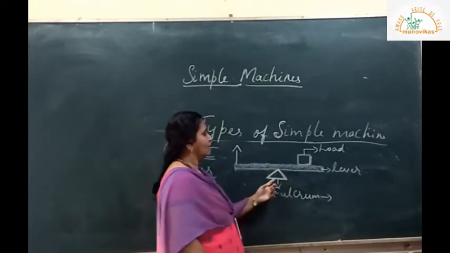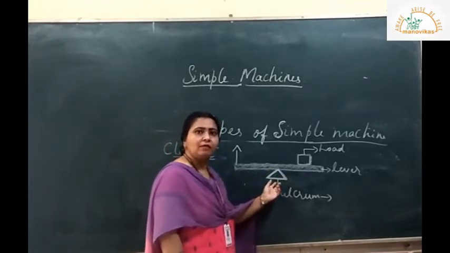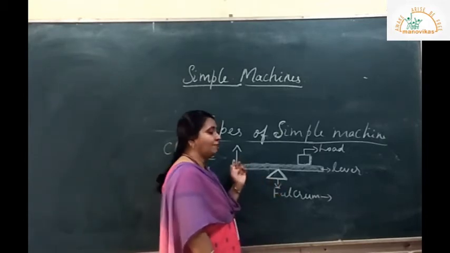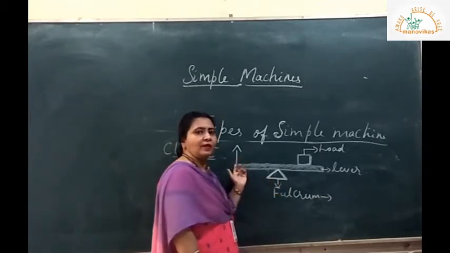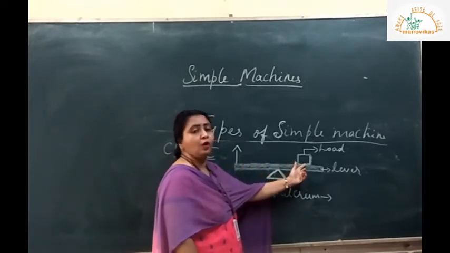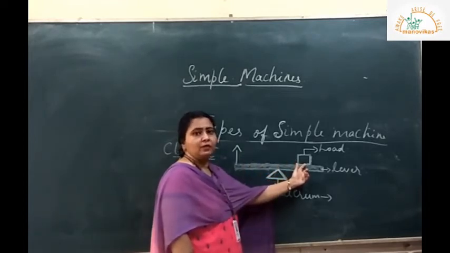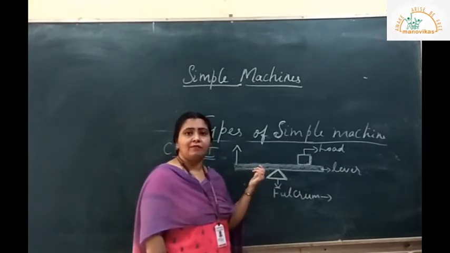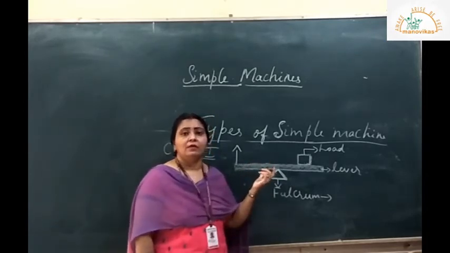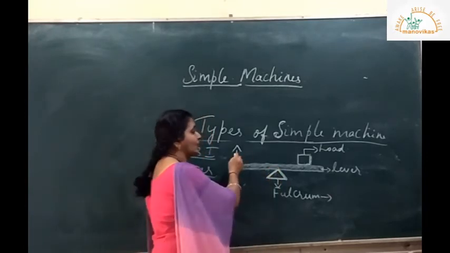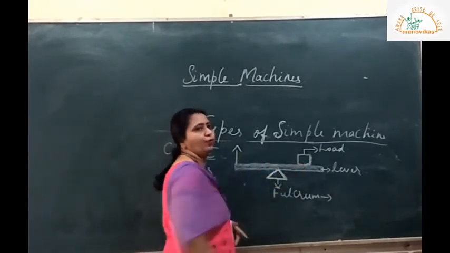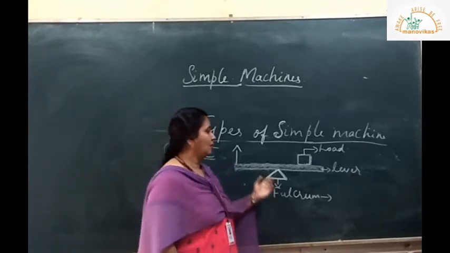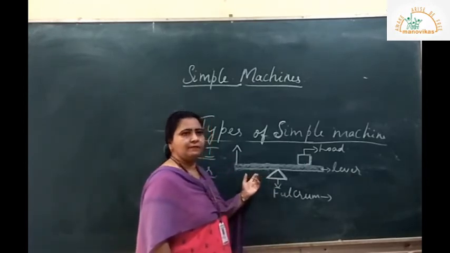You can see the fulcrum is located in the middle. And effort is on one side and load is on another side. So this is the class 1 lever. In class 1 lever, the fulcrum is located between the effort and the load.